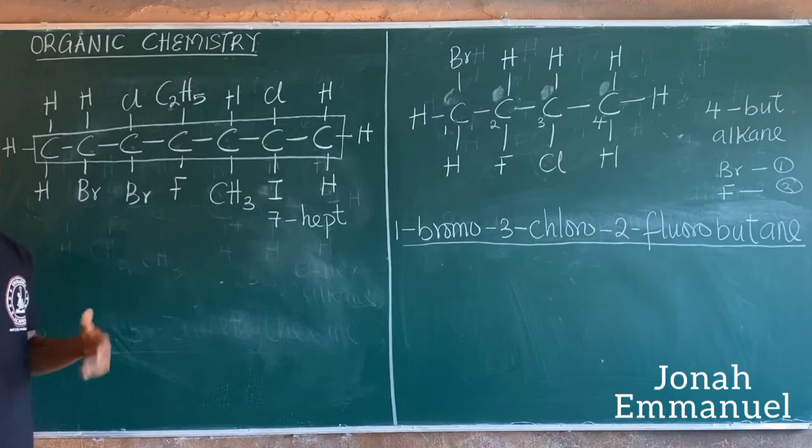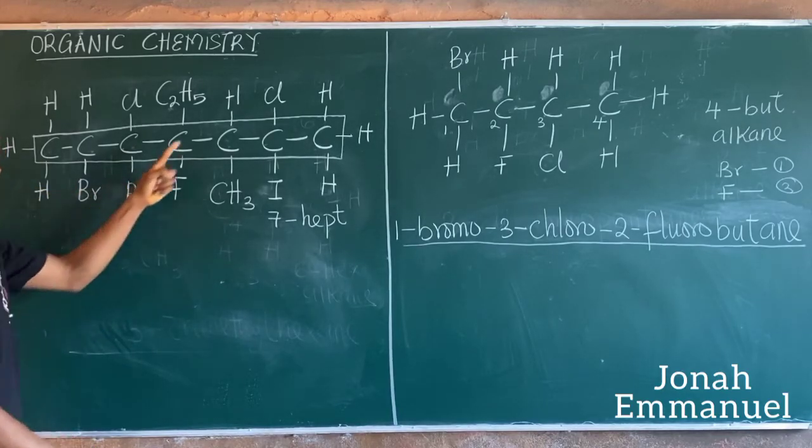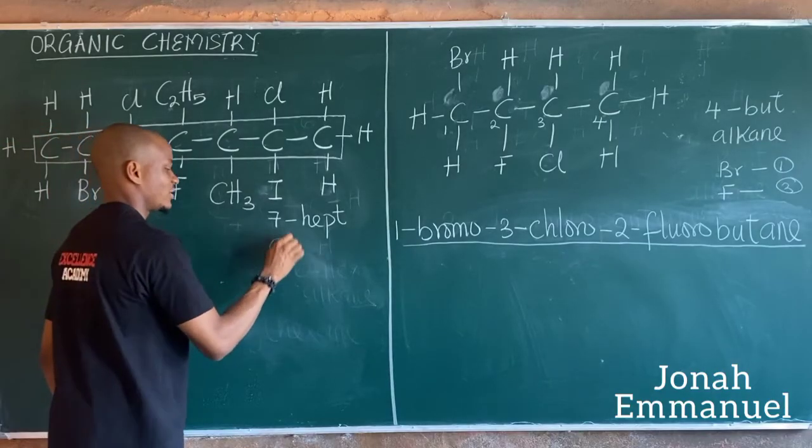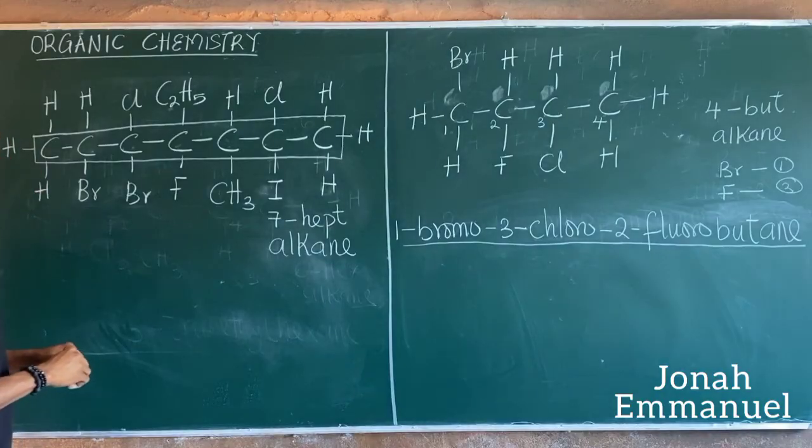Case 2, we get the functional group. The functional group here obviously is a single bond. I can see single bonds throughout this. So that means it's what there? Ane, for a single bond. My third rule will be to do my numbering here.